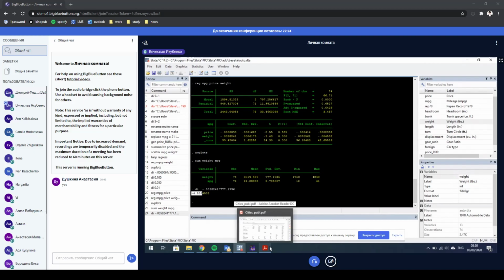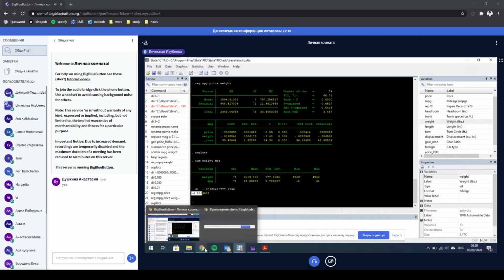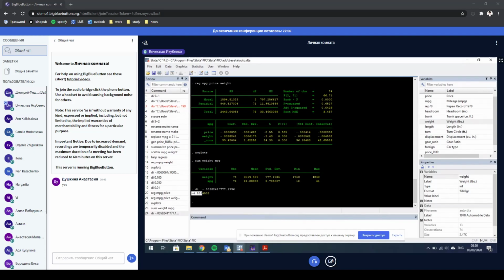And we can see that in this case, the effect is not only statistically significant, but it's also substantial and meaningful. So we shouldn't ignore it if you want to buy a car and not spend too much on fuel.